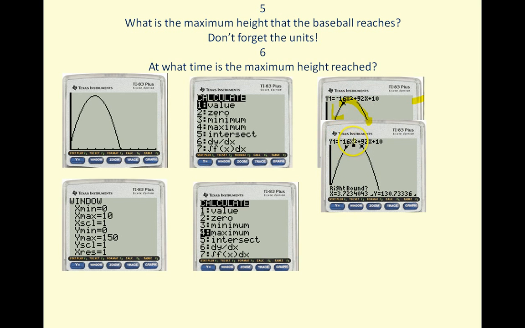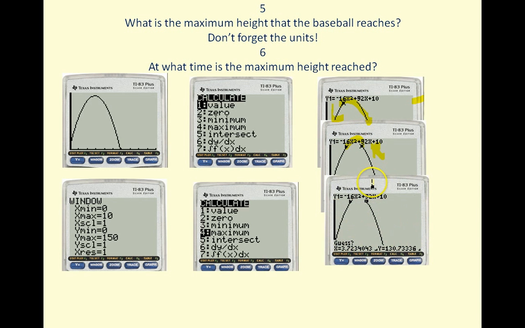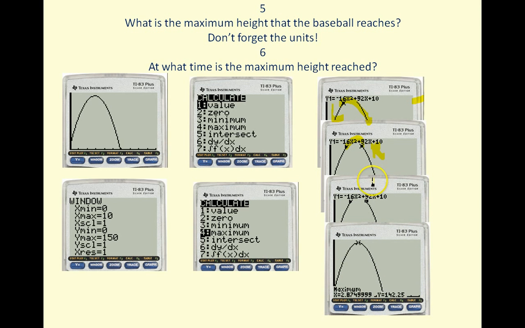And so you're going to do the same kind of thing. You're going to move it from where it was over to the right-hand side of the maximum here. And that's your right bound. And you're going to enter. And then I'm not moving anywhere on the guess. I'm going to enter through that guess and make sure that you get to this screen that tells you that you have reached the maximum here, and it gives you 2 values.